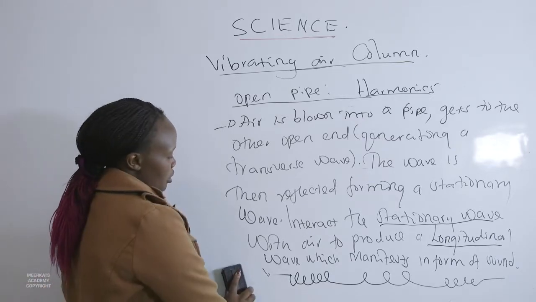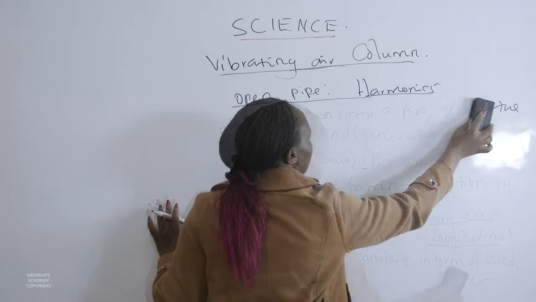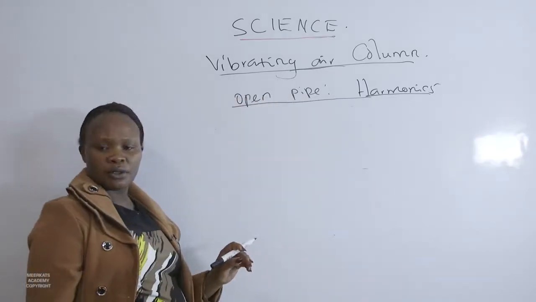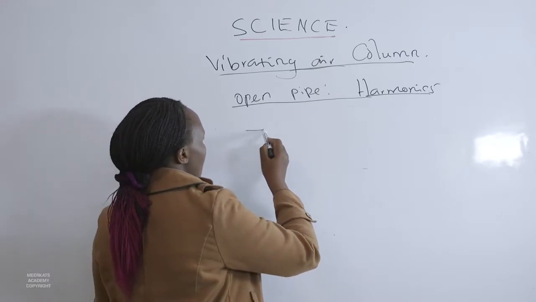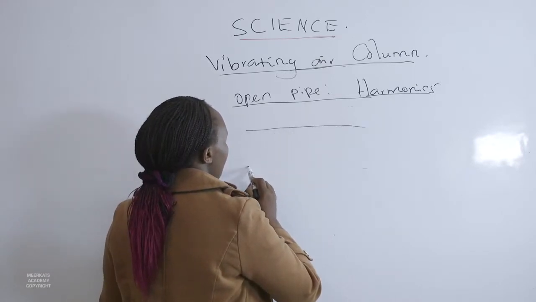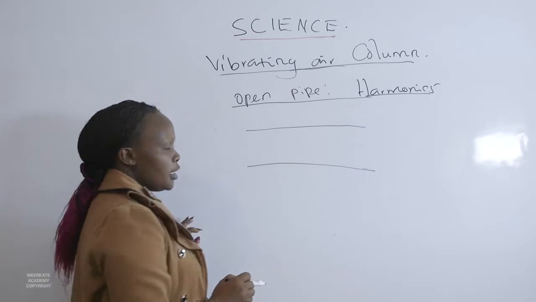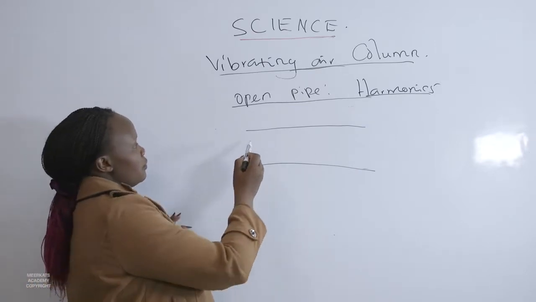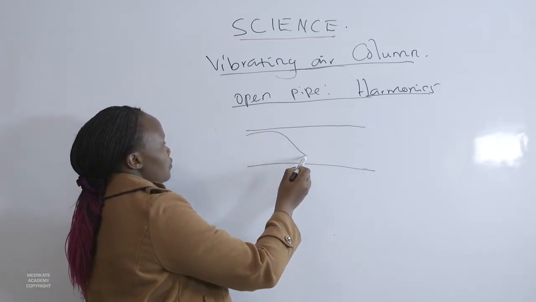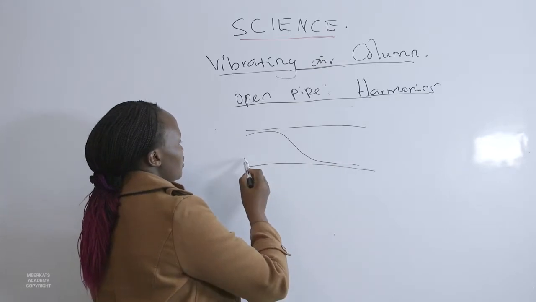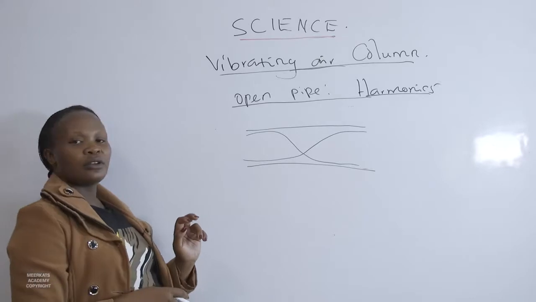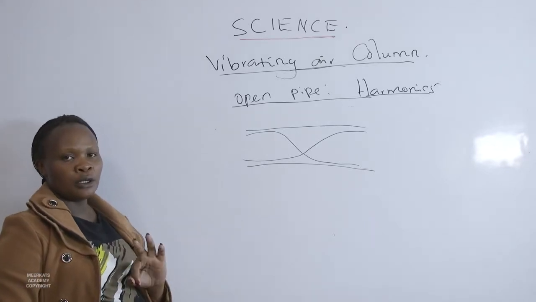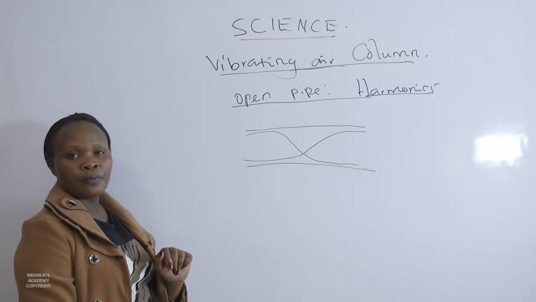Probably we can look at two cases of an open pipe. Number one, we can have a diagram of this nature. We always start with the simplest wave that can result from an experiment, which we call the fundamental.